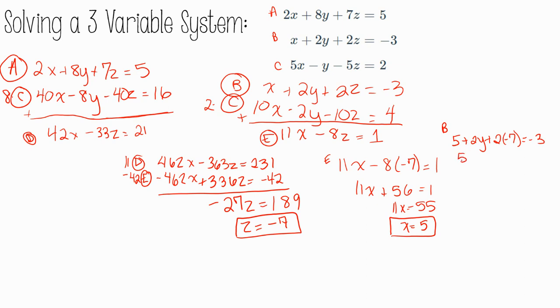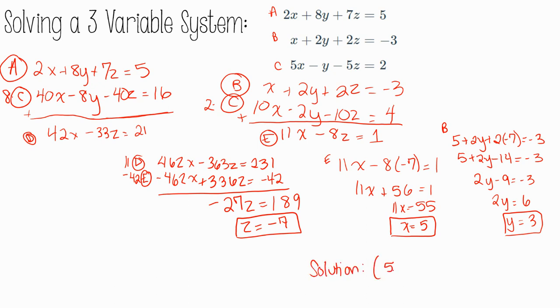And I get 5 plus 2y minus 14 equals negative 3. 2y minus 9 equals negative 3. Add your 9 over. 2y equals 6, so y equals 3. So your final answer is 5, 3, negative 7.